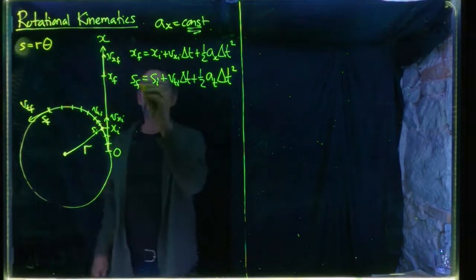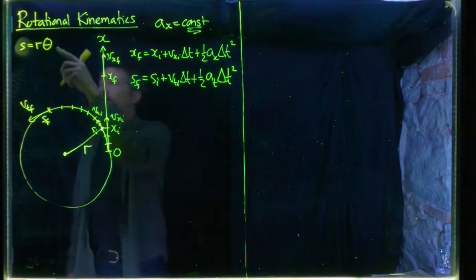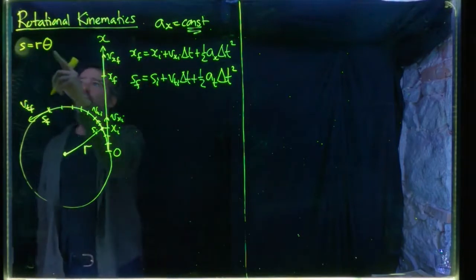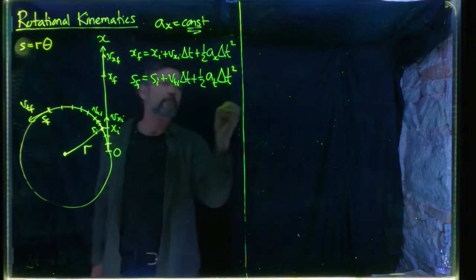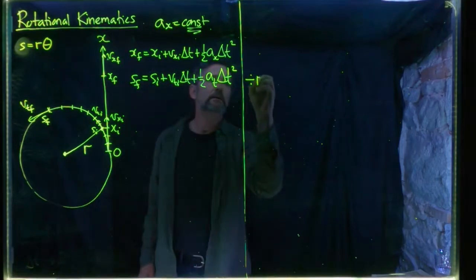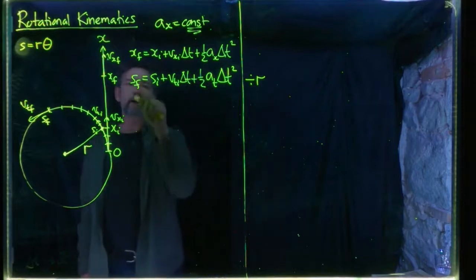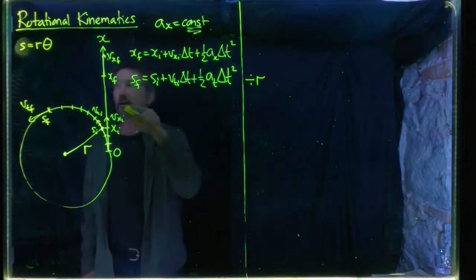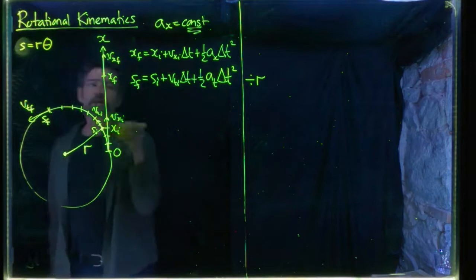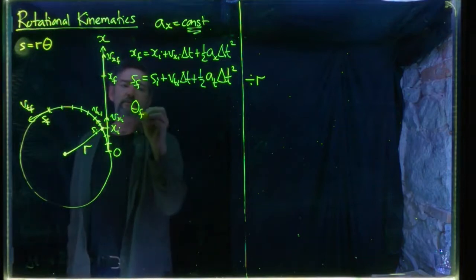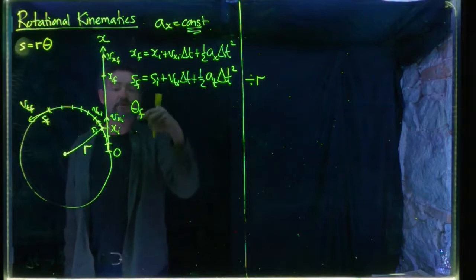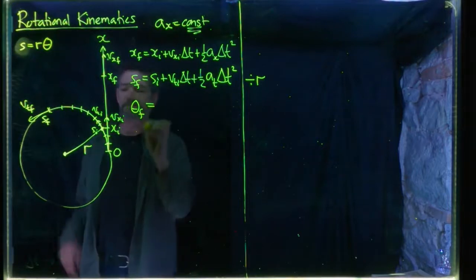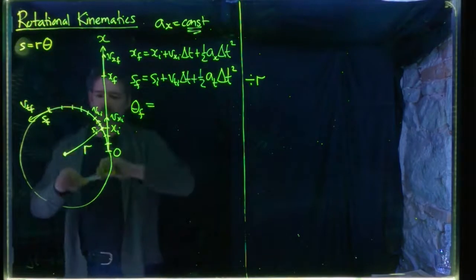Okay, so S final becomes R times theta final. So if we take this entire equation and divide by R, then we have S final divided by R. S divided by R is theta final. So we move from meters divided by meters, which is dimensionless. This is in radians. So this is theta final.